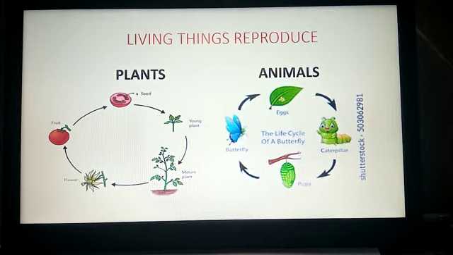So without the involvement of seed, if the plant is reproducing using other vegetative parts like a stem or a root or a leaf, then that type of reproduction is called vegetative reproduction. Okay children, so every living organism will reproduce to continue their species.